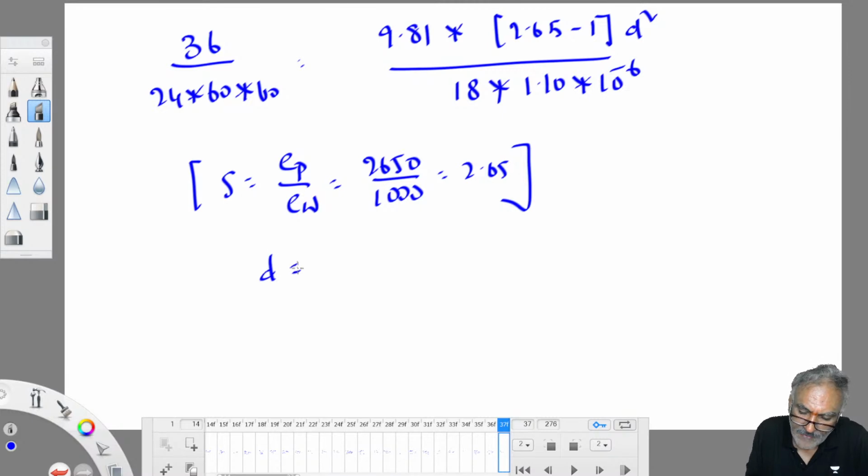From this, the diameter of the particle that will be removed, first we will get in meters, then you can convert into microns. Come on, work out.